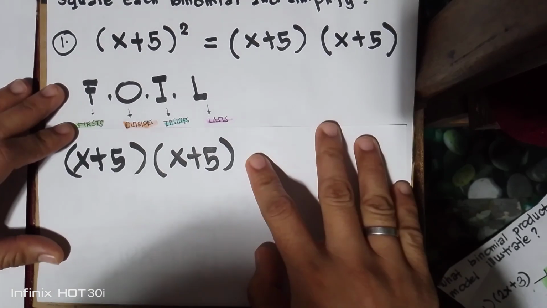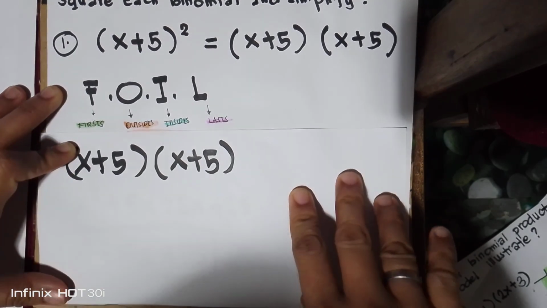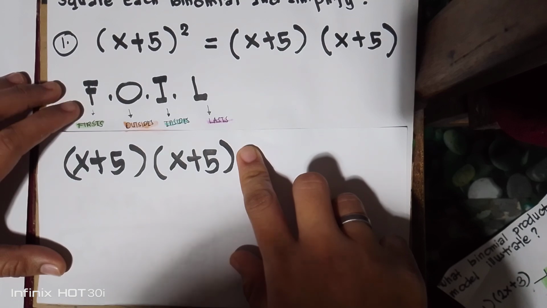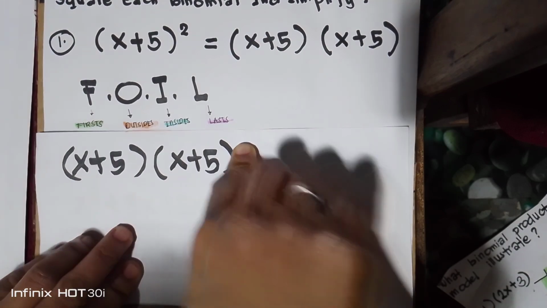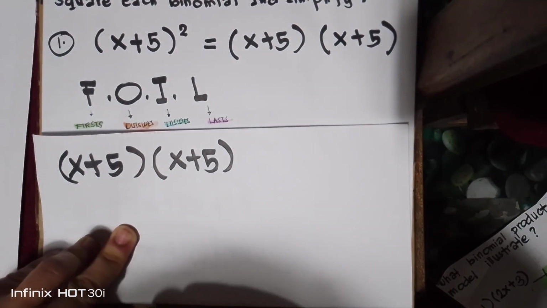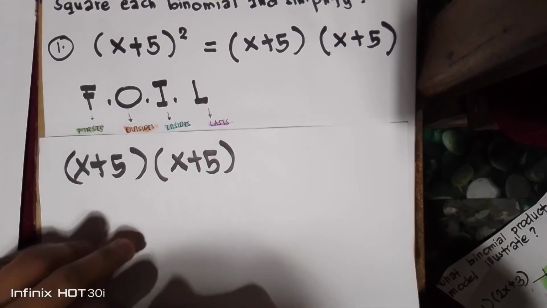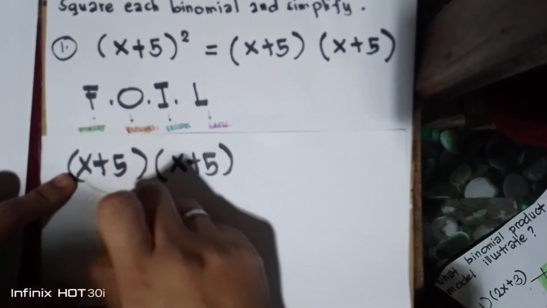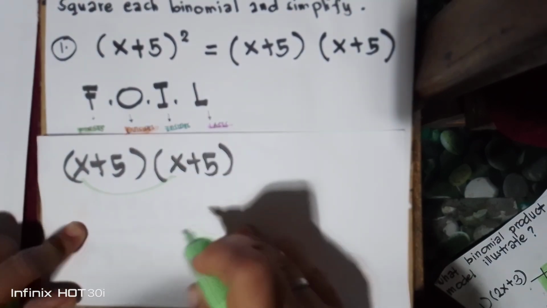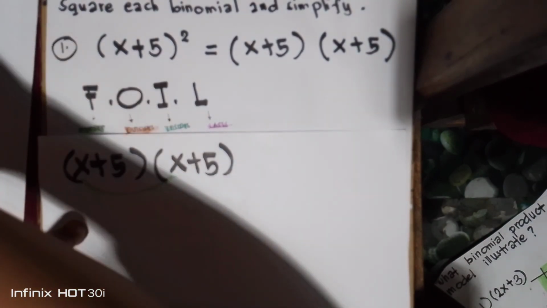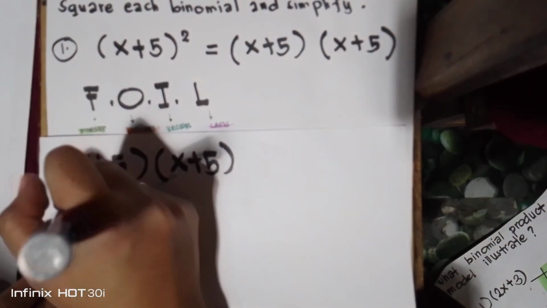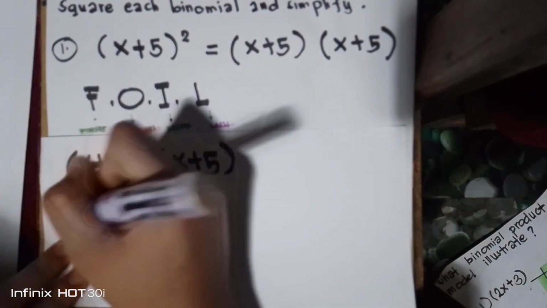Following the FOIL method, we are going to multiply first the first terms. The first terms are x and x. So x times x is equal to x squared.